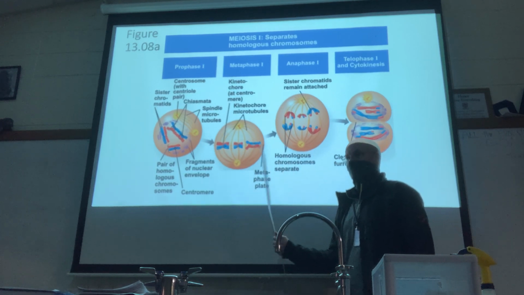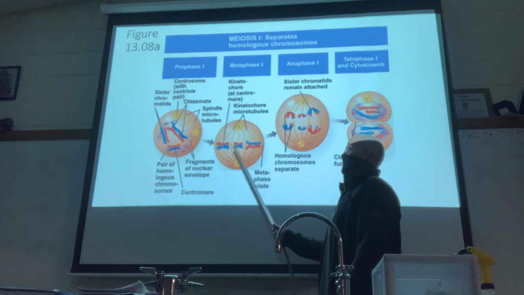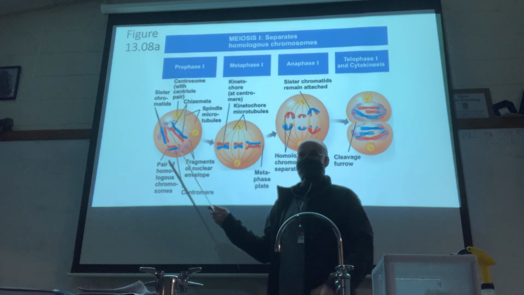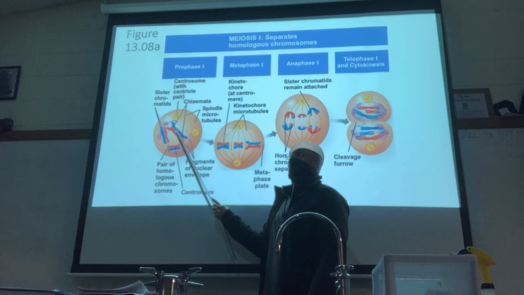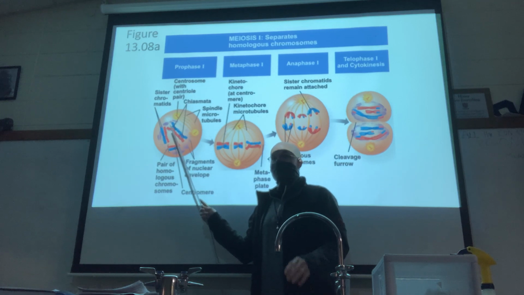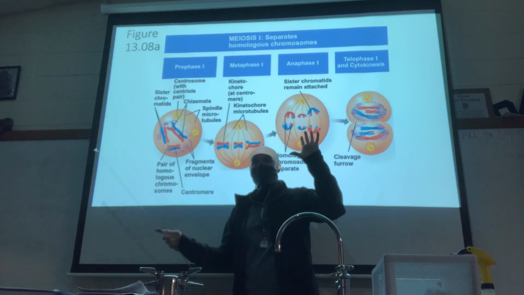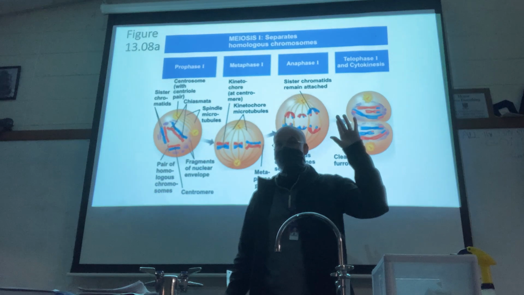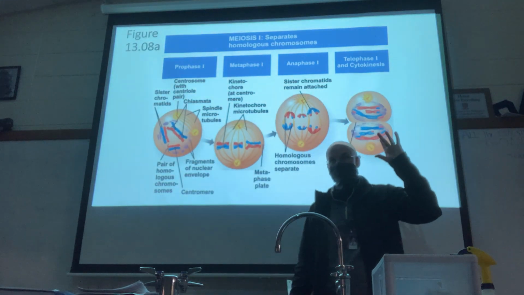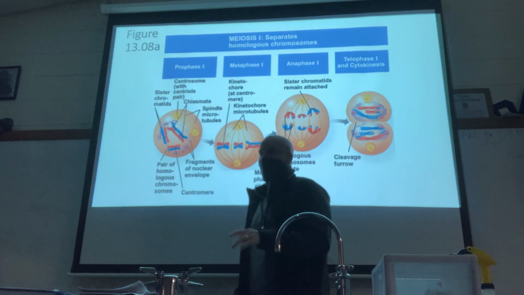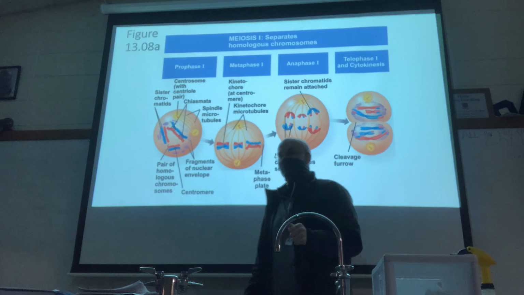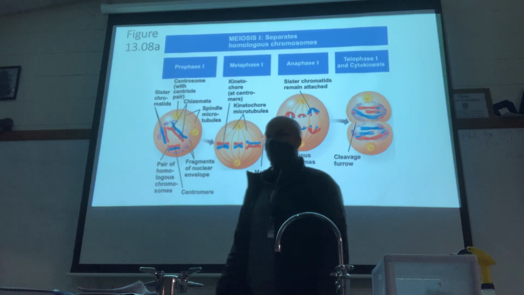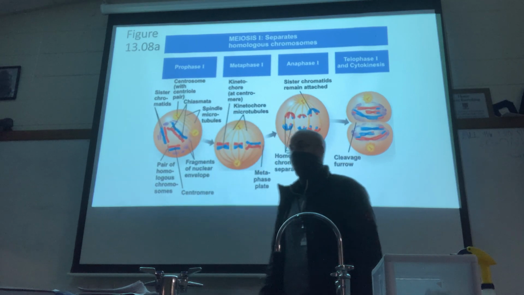Stuff is getting condensed down. Yeah, that's actually something, if you didn't write this: the chromosomes in prophase 1 do become shorter and thicker. That is something that always happens during prophase. I forgot to mention that. But that's already happened in prophase.